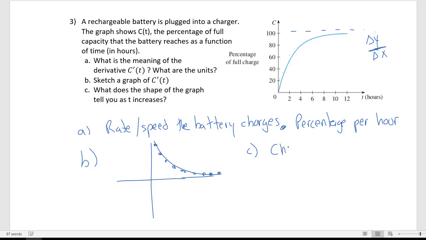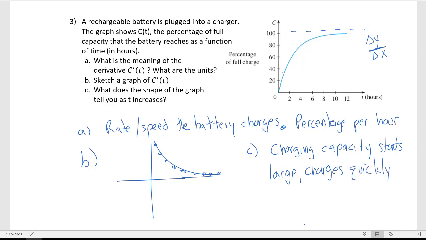So we could interpret that something like the charging capacity starts large, let's say, right? Charges quickly. Then the rate of charging slows. Let's say as the battery gets full. Right?